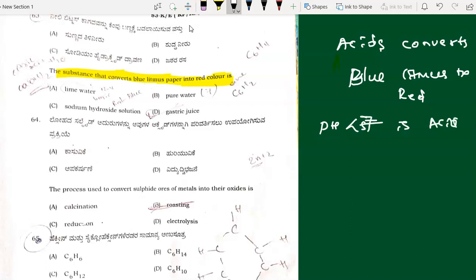Here the pH of pure water is 7, so it is neither acidic nor basic, it is exactly in the middle.